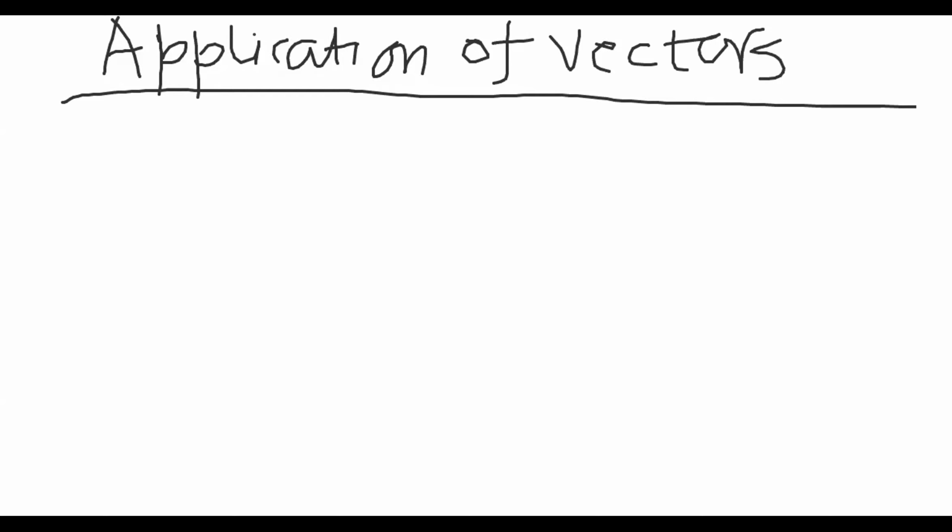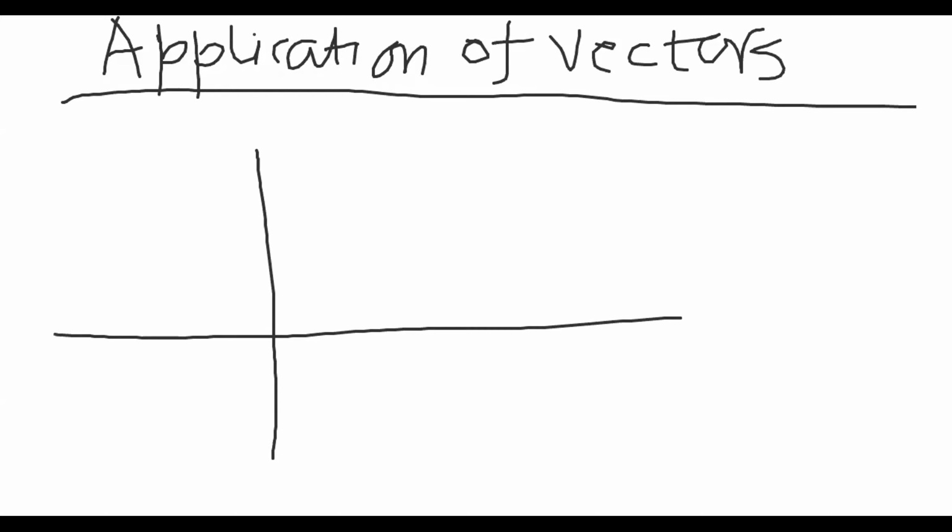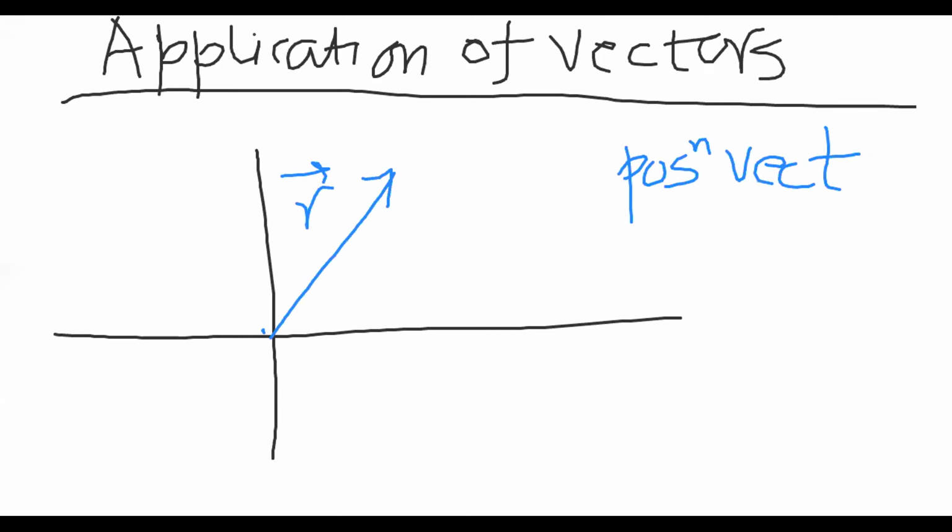So first, I think I talked about this last time as well. First, let me talk about something called the position vector. Right? So we have position vector R. So what is a position vector? It is simply a vector which is drawn from the origin to a particular coordinate, right?